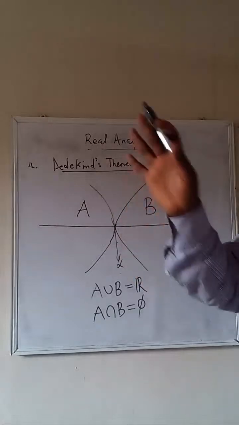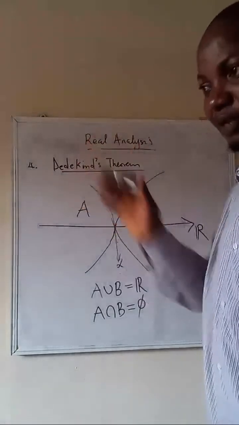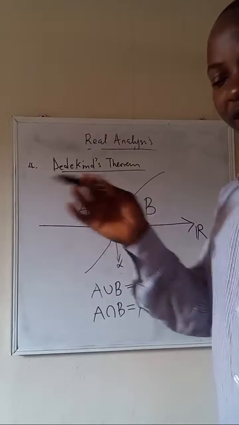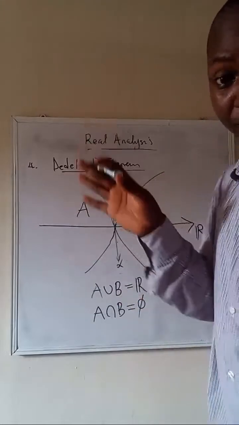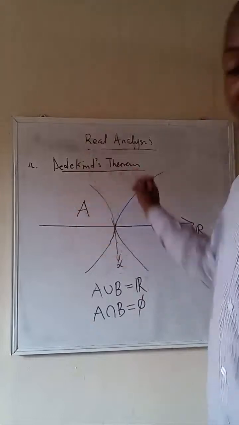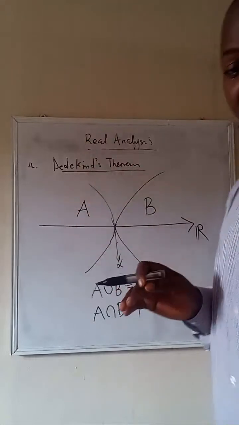It's an observation by the earliest mathematicians when they first discovered the irrational number, and since then the assumption was called Dedekind's theorem.